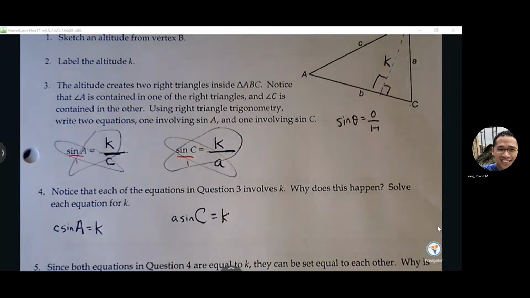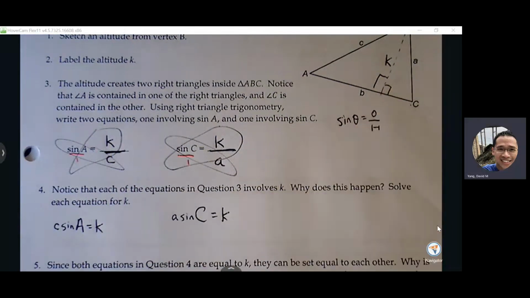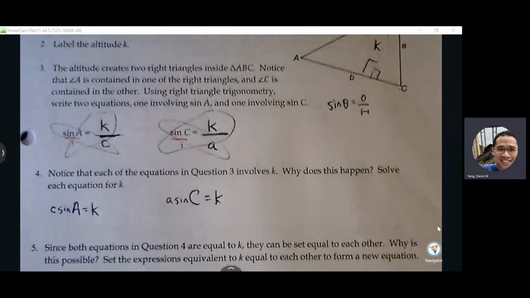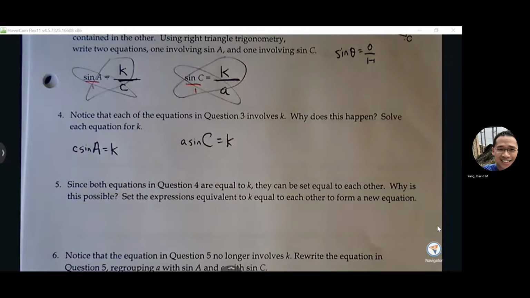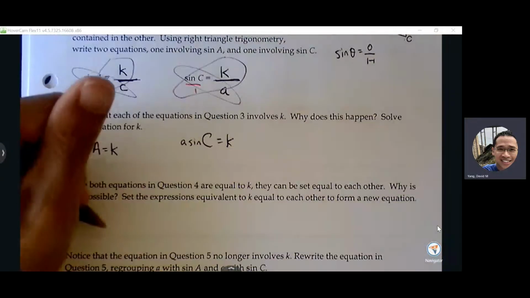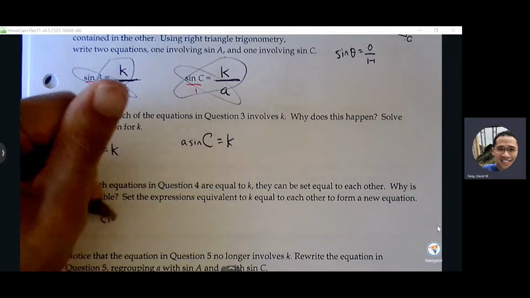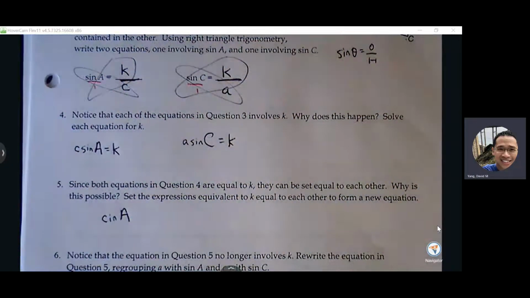Now, since both equations in question 4 are equal to K, they can be set equal to each other. So we can say c sine A equals a sine C.